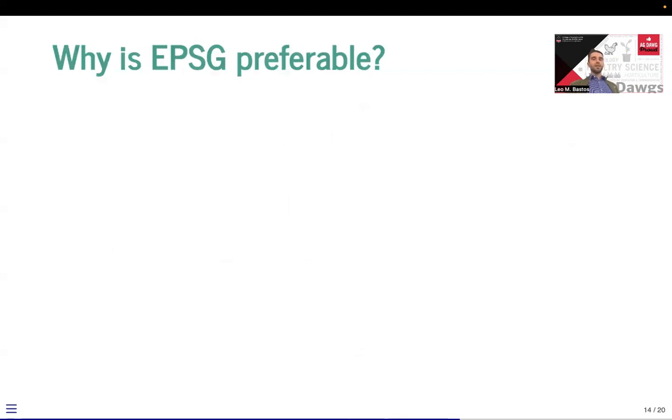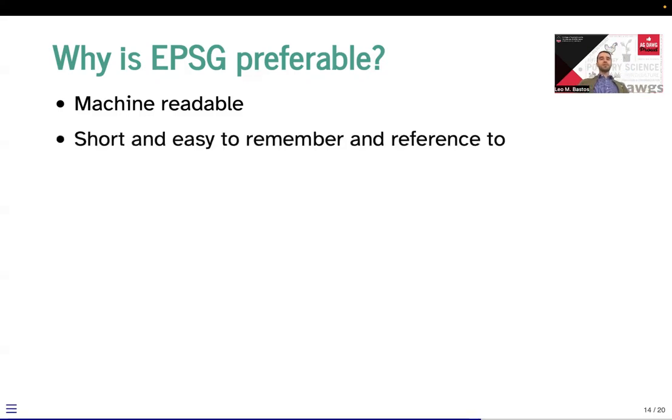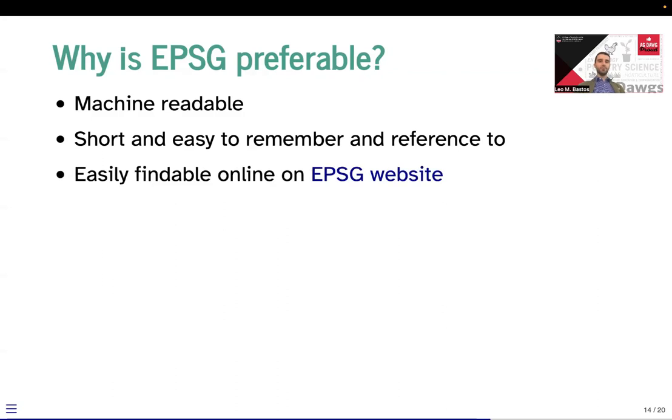Okay, so why are EPSG codes preferable? It is machine readable, meaning that your geospatial software is going to know what you mean when you give it a given EPSG code to refer to a CRS. It is short and easy to remember and reference because it is just a number, normally between maybe 4 and 6 digits, which is a lot easier to remember than a whole string with many different characters, or something longer than that, like the WKT approach.